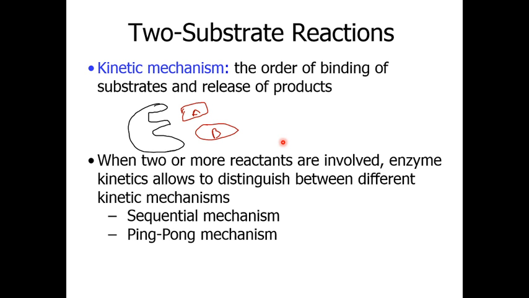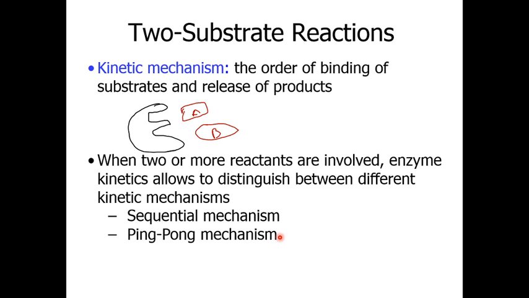So when two or more reactants are involved, enzyme kinetics allows us to distinguish between different kinetic mechanisms. There are two different kinds of mechanism. One is a sequential mechanism, the other one is the ping pong mechanism.